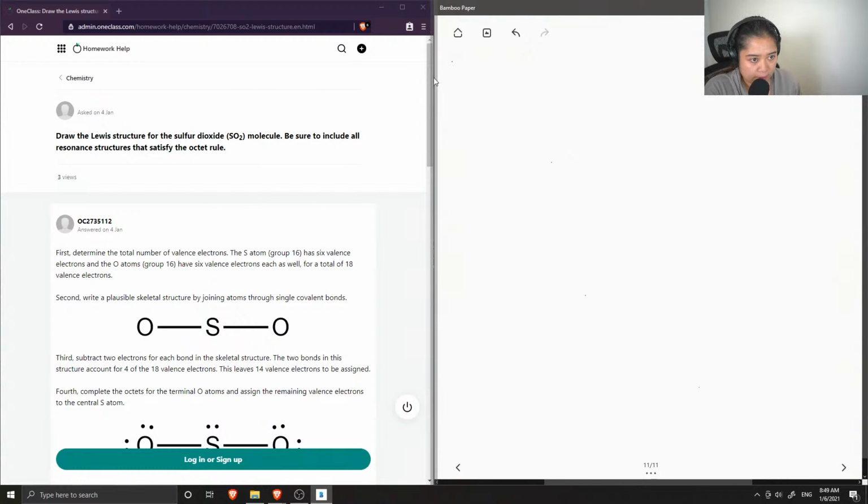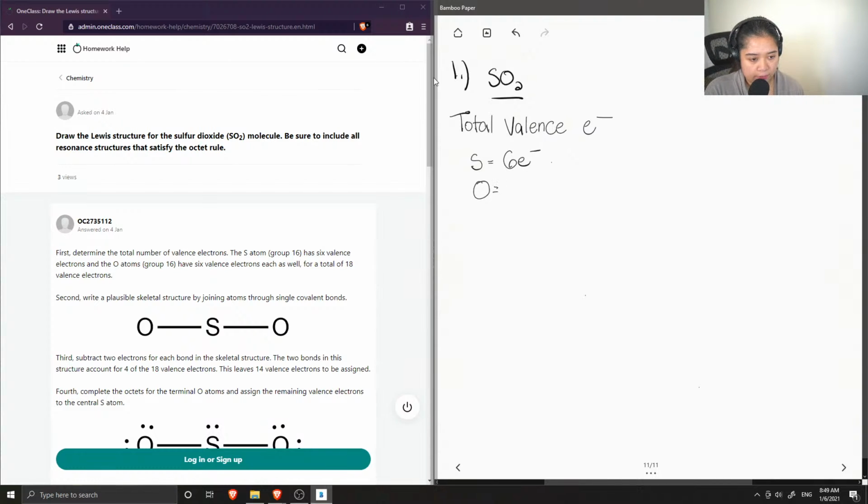So the SO2 molecule, when we write the Lewis structure, we need to first find out the total valence electrons in the molecule. In the case of sulfur, there are 6 valence electrons.